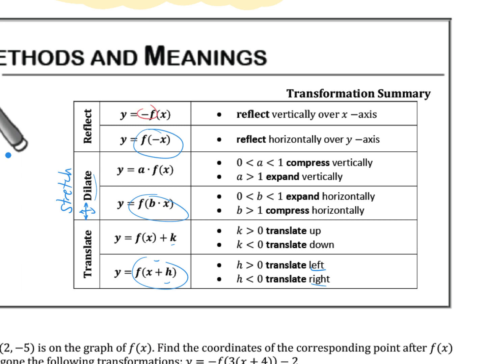Whereas the things on the outside are the things that affect the y coordinate, and they affect them in a non-surprising way, like multiplying by a makes it bigger, and adding k makes it go up. Whereas inside, multiplying by a big number b makes things smaller, and adding a positive number h moves things to the left.